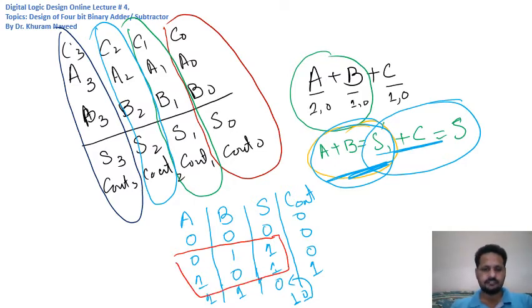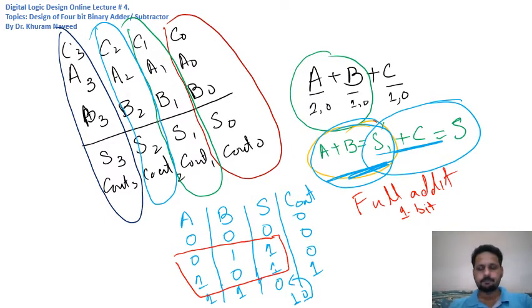we term half addition. Why half addition? Because we have effectively divided a full addition. This is a full addition, full 1-bit addition. Let's write the terms correctly.